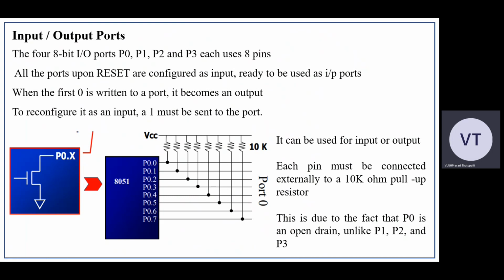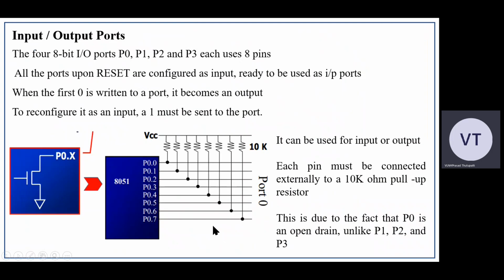So that's why it is essential for us to connect pull-up resistors when you're using port 0 as input port or else an output port. So we'll move to the next one.